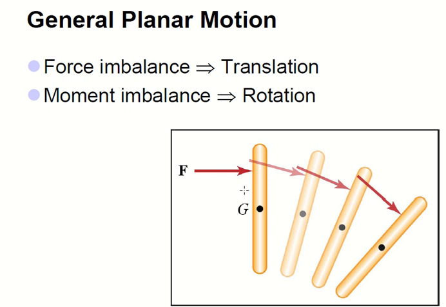So when an object is translating and rotating at the same time, we call that type of motion general planar motion. And you need to get this one because there are so many things in the world that are in this type of motion, your GPM.